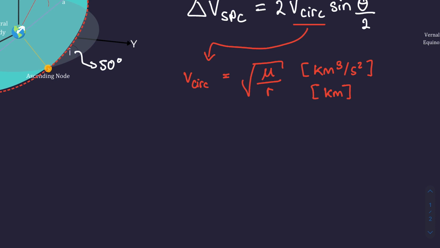We know that mu is equal to the gravitational constant times the mass of the central body, and the central body in this case is Earth. So the gravitational parameter for Earth is 398,600 kilometers cubed per second squared.